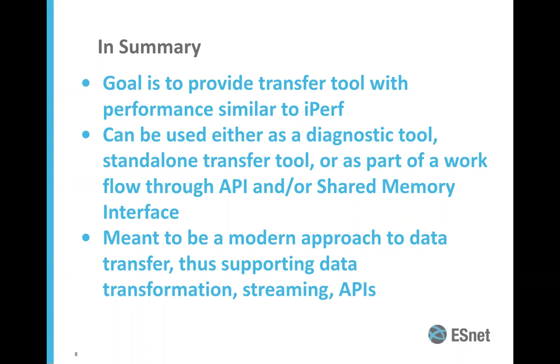There is hope at some point in the future that it won't be just SSH. And the way that you would do that, at least right now, is if you were to write against the DTN API directly, you could start a transfer on the receiver and then start the daemon, because each of these transfers requires that you start the DTN executable on both the receiver and the sender.